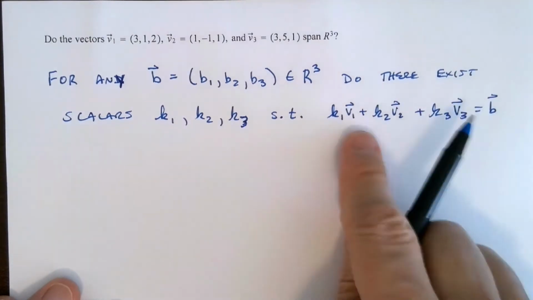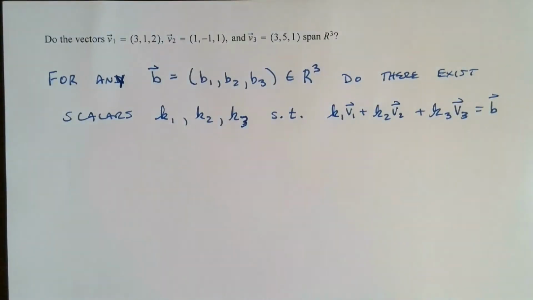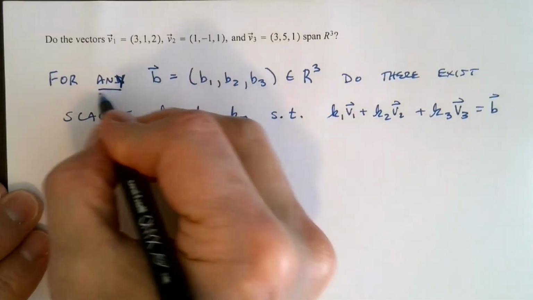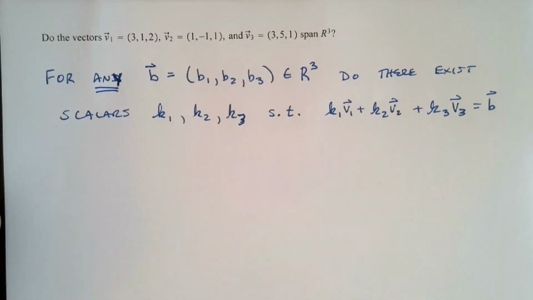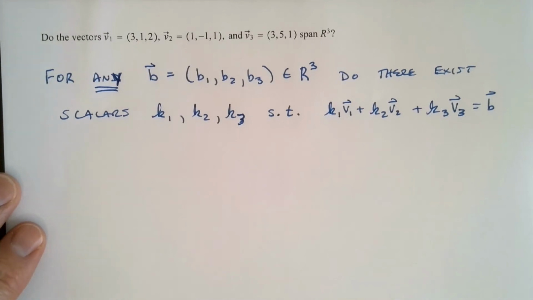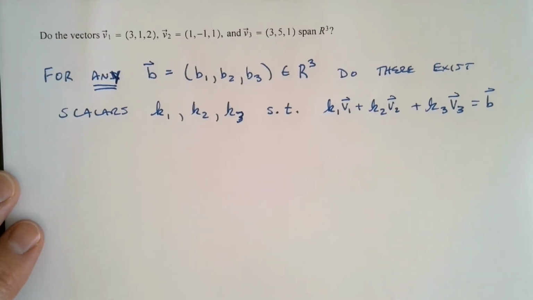Is b a linear combination of those three vectors? If we can do that for any arbitrary vector in 3-space, we can find three such scalars, then the answer would be yes, these vectors do span 3-space.